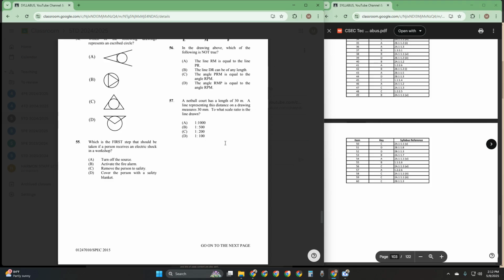A line representing this distance on a drawing measures 30 millimeters. To what scale ratio is the line drawn? Is it 1 to 1,000, 1 to 500, 1 to 200, or 1 to 100? So we're going from millimeters to meters. And 57, they say it is A, and I agree.